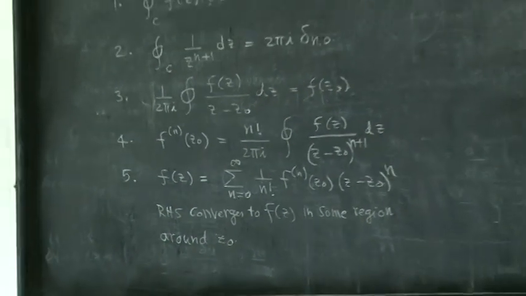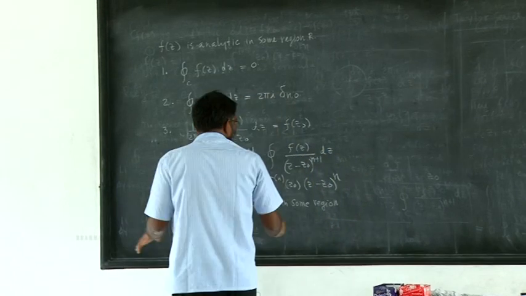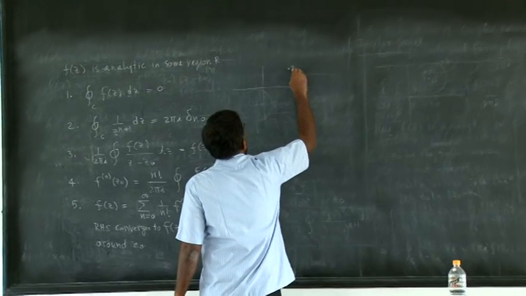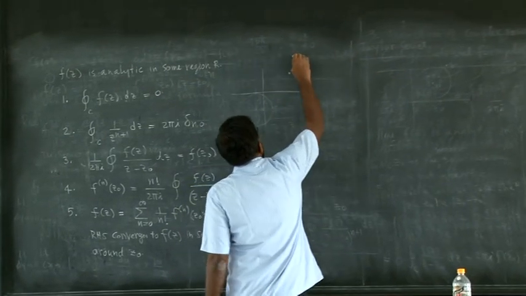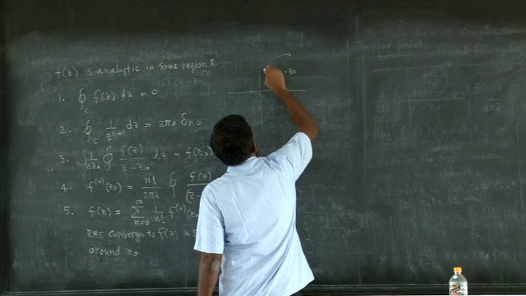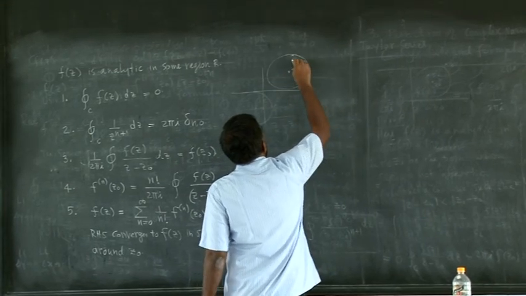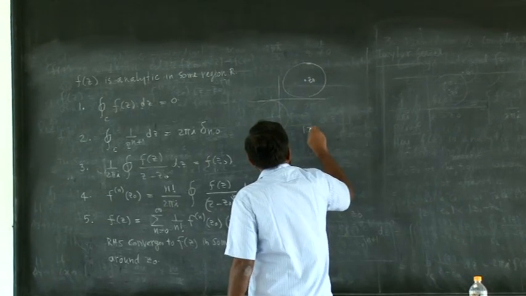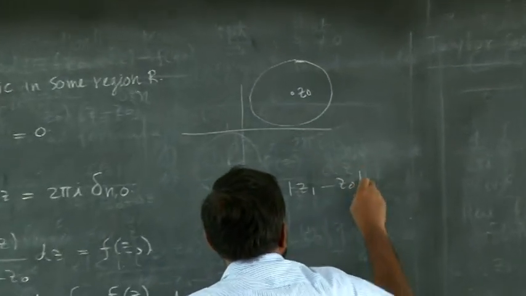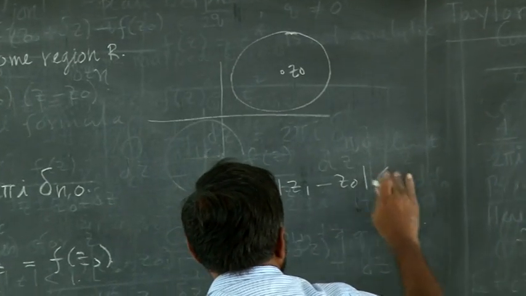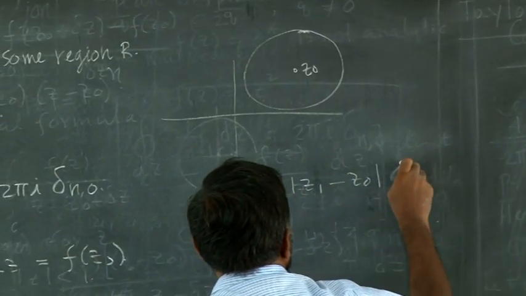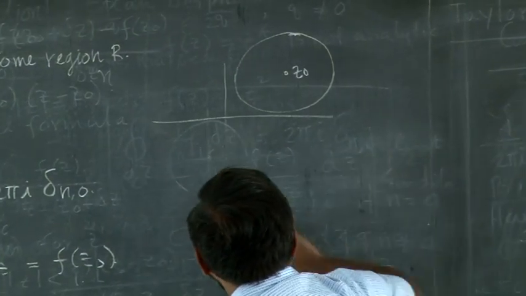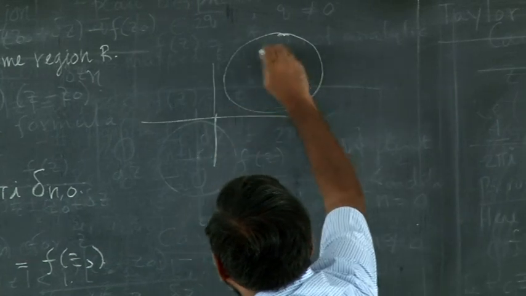So essentially this last point means that if you have points that are not here, there will be some point here such that the Taylor series will converge for all points inside this.